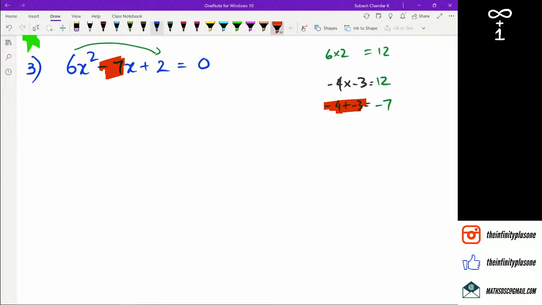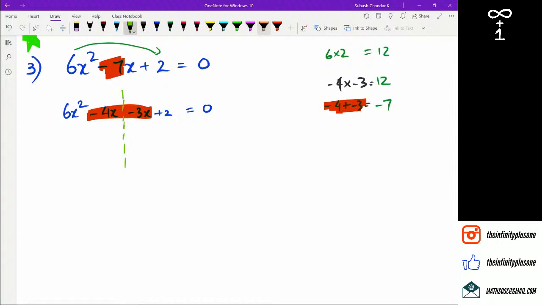Yeah, no worries, Fusion. So we're moving on from 6x squared. I'm going to put in -4x minus 3x plus 2 equals 0. Now, there was a reason why I put this particular one, because on the odd occasion you have to separate things.